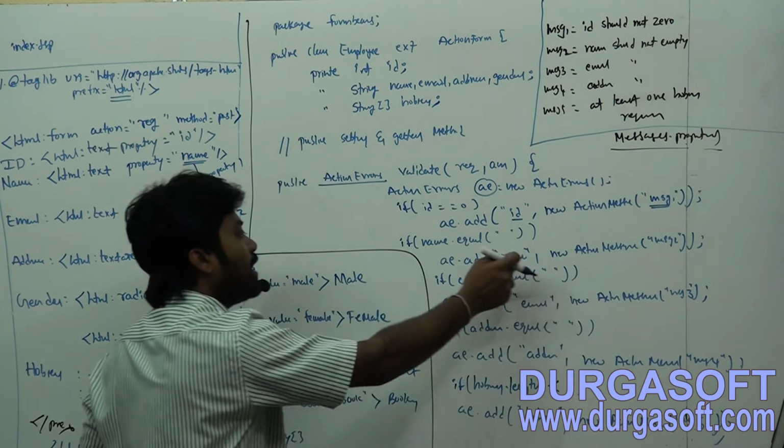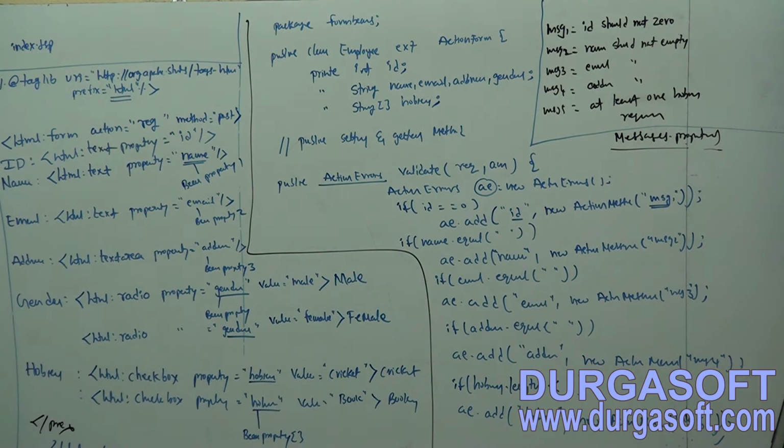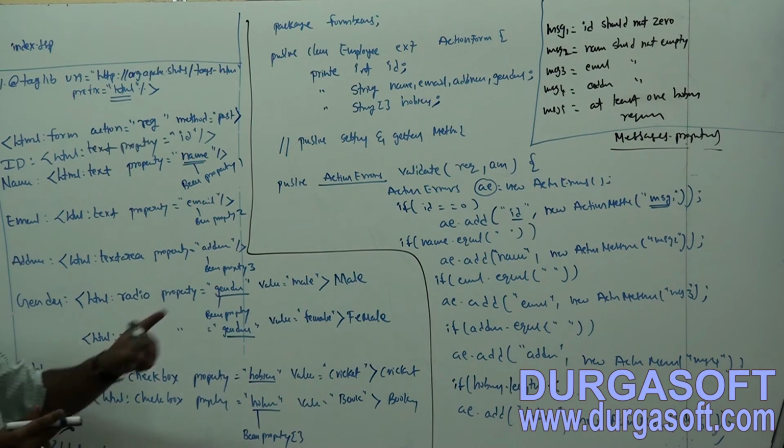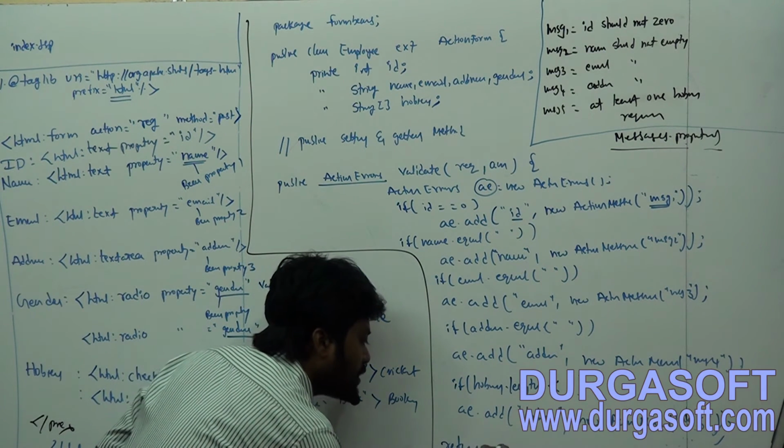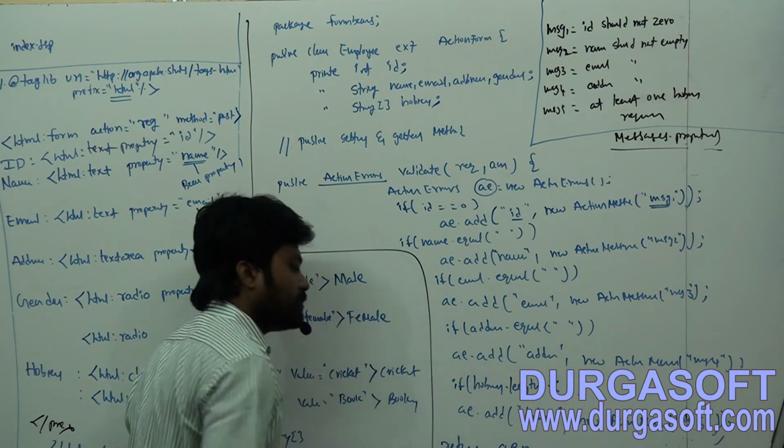Now it will read those keys and append them to your required fields. Finally, what do we have to return? The return type is ActionErrors, so your ActionErrors object you need to return.